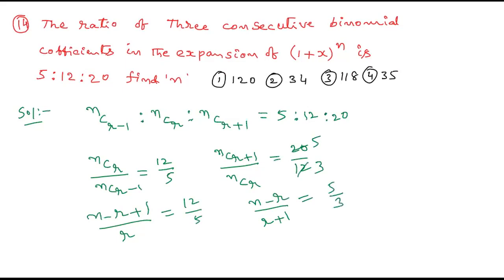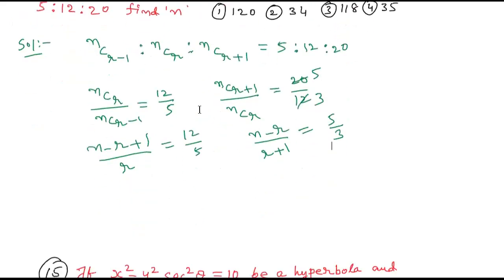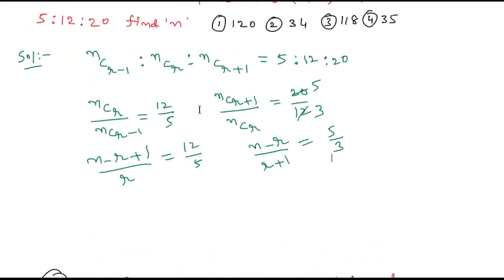Now do some calculation here. Take cross multiplication. What happens? So here 5n-5r+5, that is equal to 12r. Okay, 5n-5, so this is a minus 5, send right hand side, plus 5, that is equal to 17r.